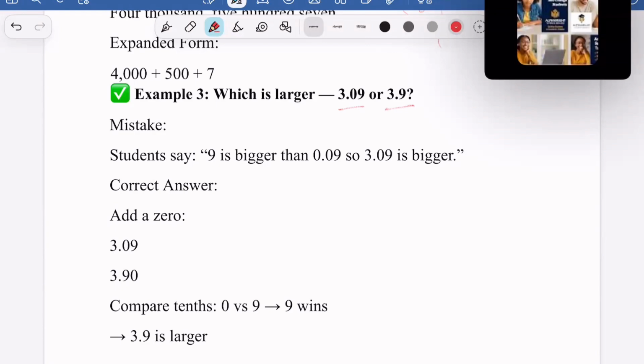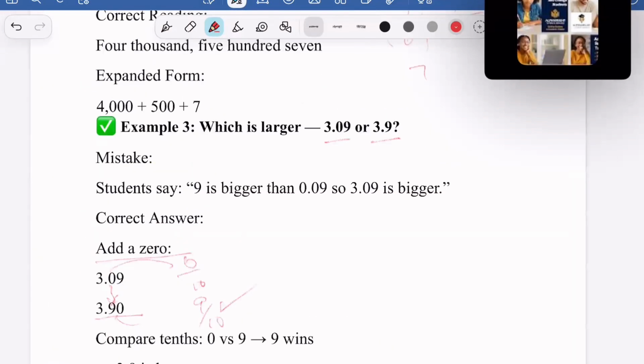So we pad the 3.9 with 0 to be 3.90, as it is right here. Then you can compare your 0 and 9 and be able to say 3.9 is bigger. So this is in the position of 0 over 10, and this is 9 out of 10. So this is bigger. So you can then say 3.9 is bigger than 3.09. All right.